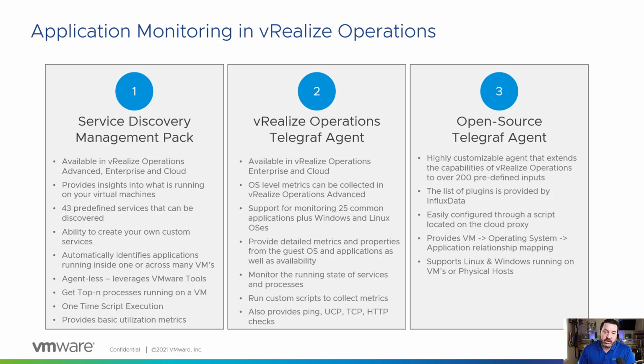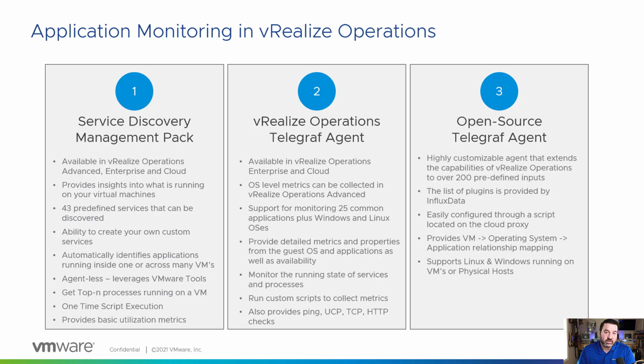There are 25 very popular applications that we can monitor through the vRealize Operations Telegraf Agent, and we support both Linux and Windows OSs. This can also monitor the state of our services and processes.